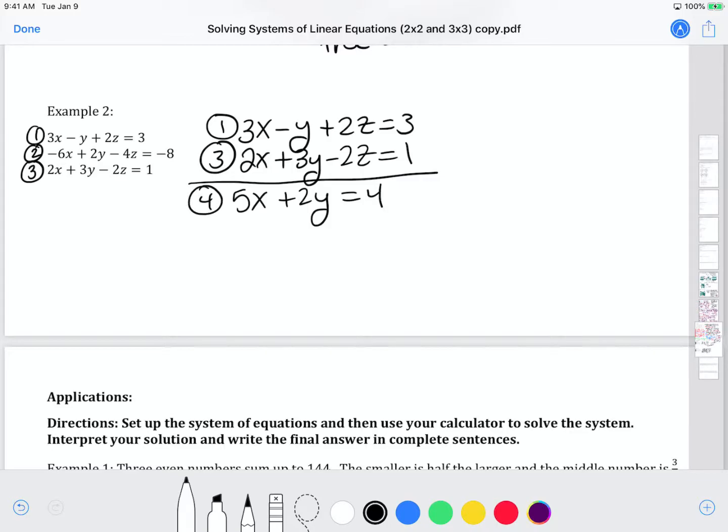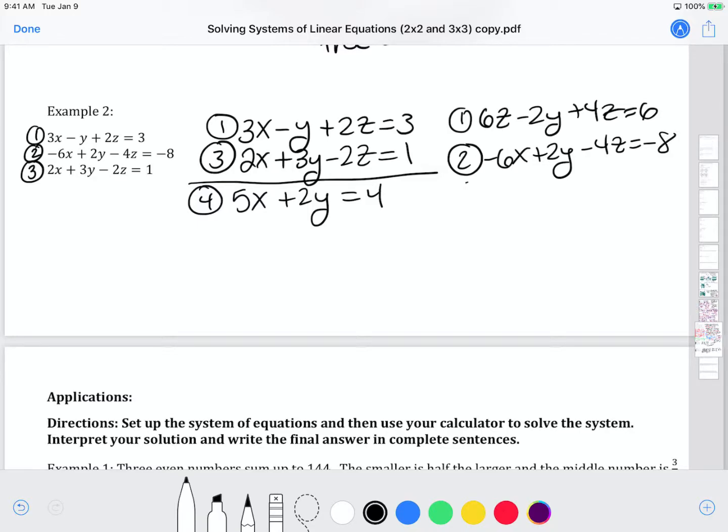Now I'm going to try to eliminate z again. So let's use equation 2 and 1. Equation 1, I'm going to have to multiply through by 2 so that the z's cancel. So I have 6x minus 2y plus 4z is equal to 6. And then I'm going to carry down equation 2, negative 6x plus 2y minus 4z is equal to negative 8.